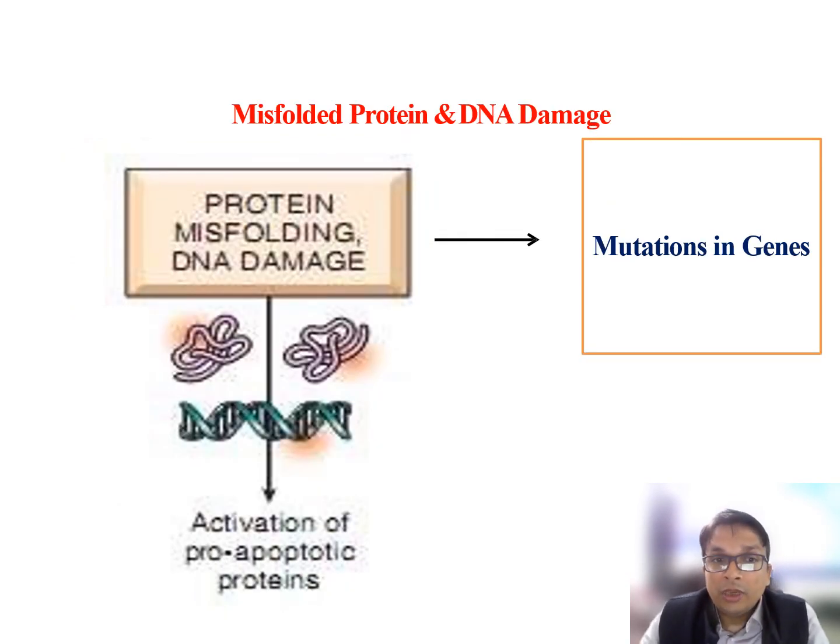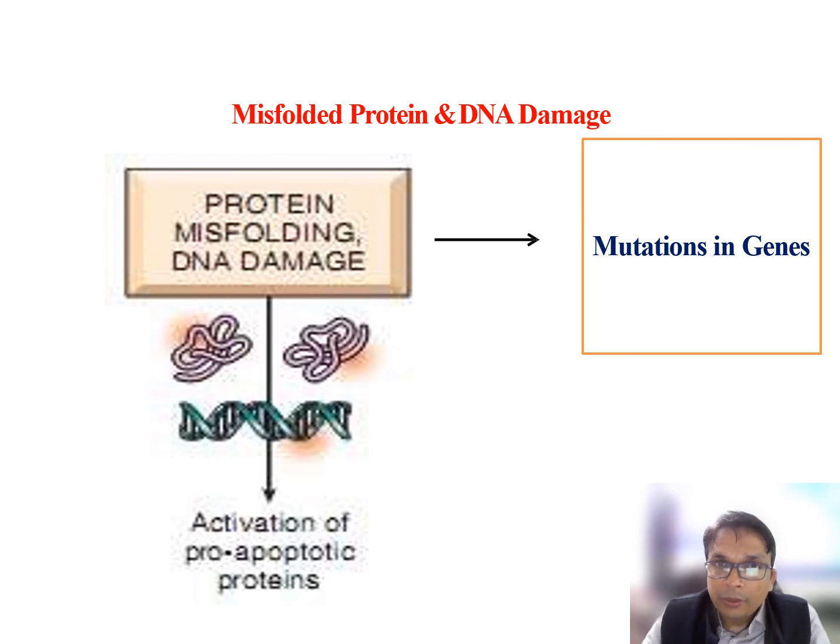Misfolding of protein. I told you that whatever your cell is doing, it's because of protein. Like I will tell you, my cells are producing energy. It's because of the oxidase enzyme. Now this oxidase enzyme is nothing but a protein. My cells are able to take in glucose. How? Because of a good protein.